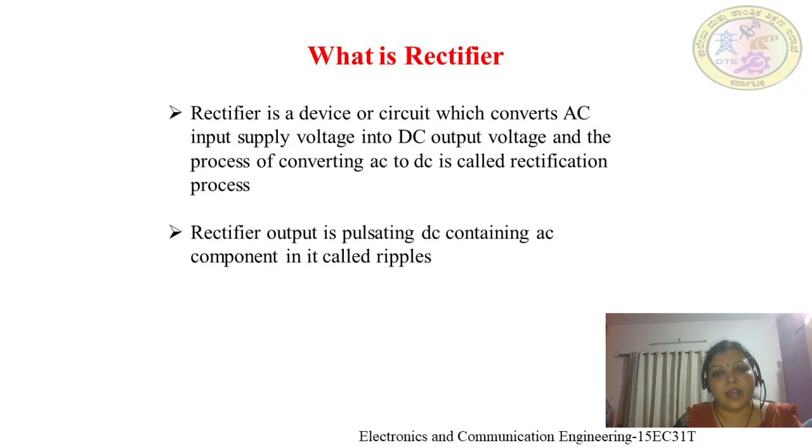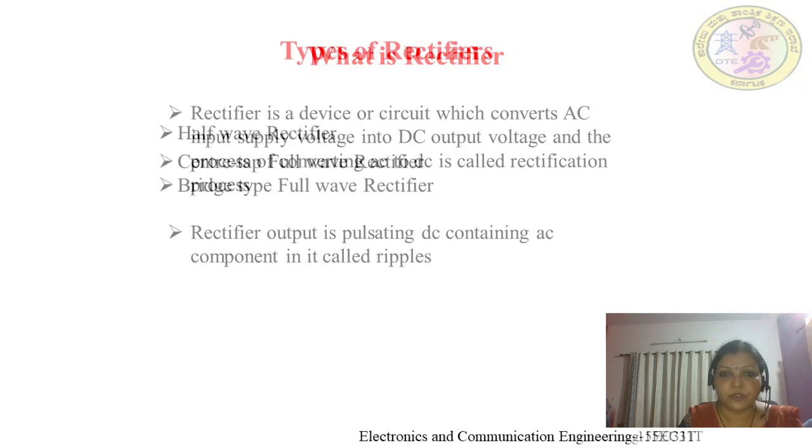A rectifier is a device or circuit which converts AC input supply voltage into DC output voltage, and the process of converting AC into DC is called the rectification process. The rectifier output is generally in a pulsating DC form, consisting of a higher amount of AC component called ripples. If the question is asked, what is a rectifier or define a rectifier, you are supposed to write this much. This much is sufficient for that particular question.